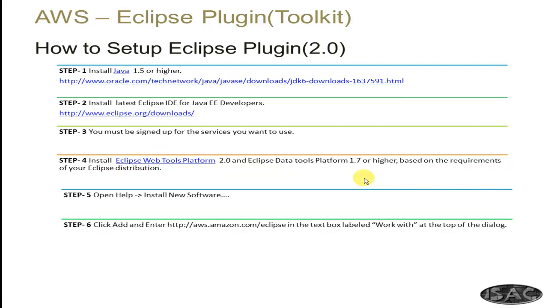Now go to the menu called Help and click Install New Software. Inside this Install New Software, you have to enter this URL, http://amazon.com Eclipse. You can put whatever you want at the top of the dialog, but this is the place from where you will download your Eclipse plugin for AWS.